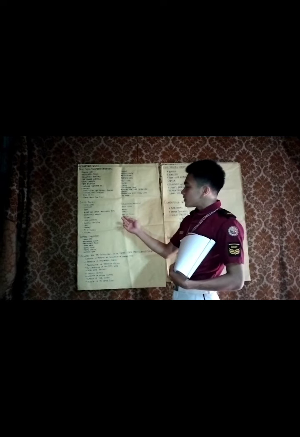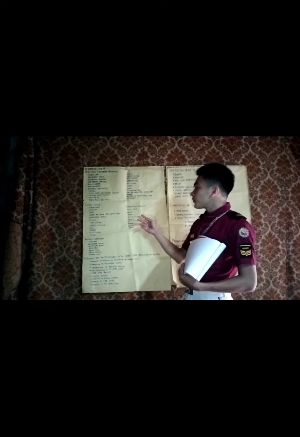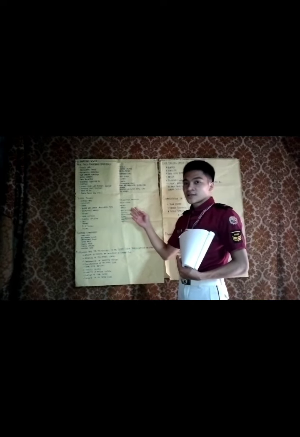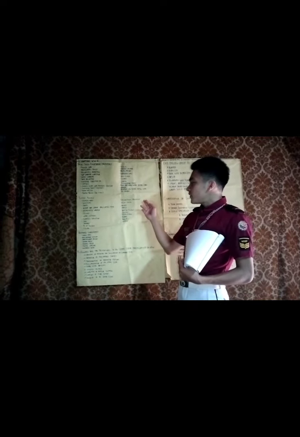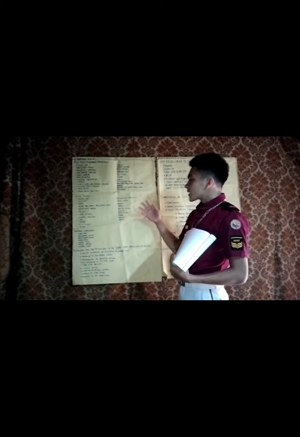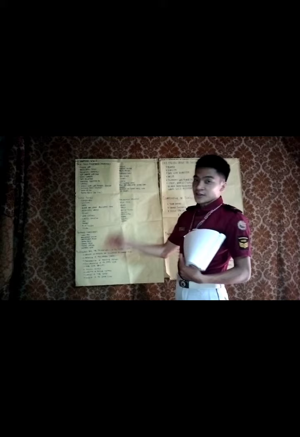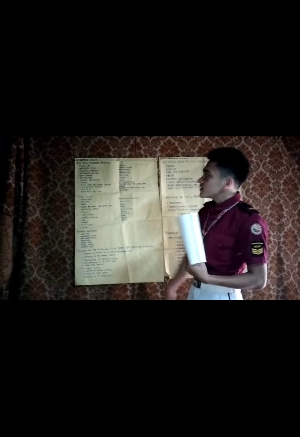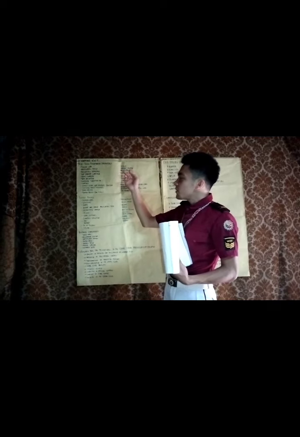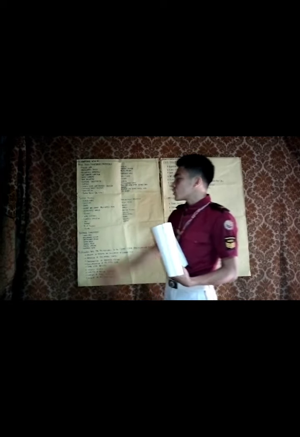And next are boxes of plaster. Next are goggles, and also we have the sifting screen, funnels, scalpels, and the last is the ladder. So this is the basic equipment for the SOCO team, and these are the SOCO tools.